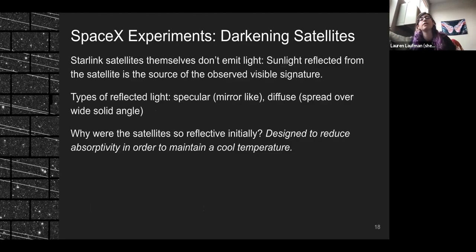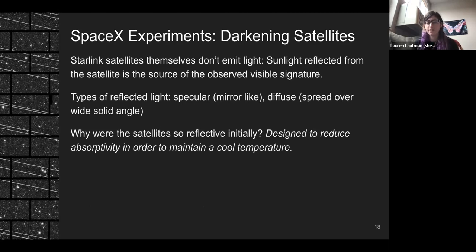So thankfully, SpaceX did actually start to make some efforts of, all right, I suppose we'll darken these satellites. Maybe we'll try. So to be clear, the satellites themselves aren't emitting light. As we established from my really cool graphic on the first slides, the sunlight is reflected off of the satellites. This is the source of the observed signature.